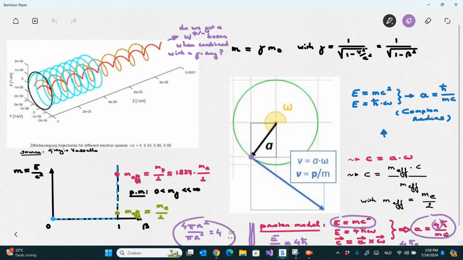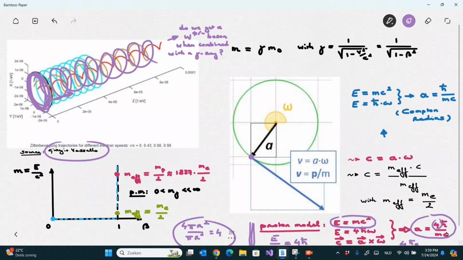And I said that's maybe where these theoretical W plus-minus bosons aren't real bosons, or they aren't really photon-like. But I want to show again Giorgio Vassallo, who shows that when you have an electron model, a Zitterbewegung model, and then you accelerate it through electromagnetic fields, there's going to be a lateral component to the tangential velocity.